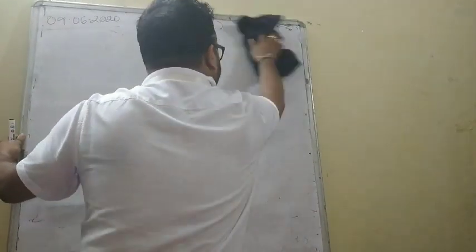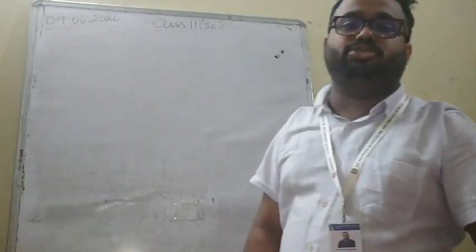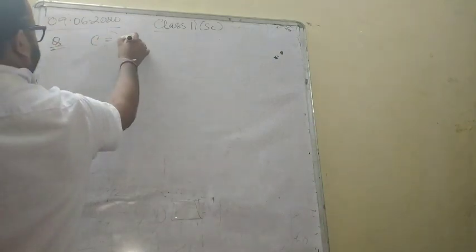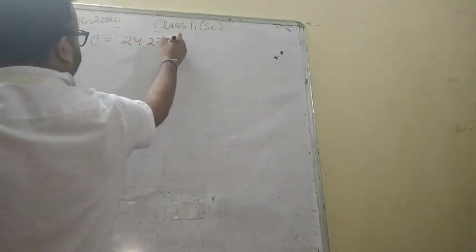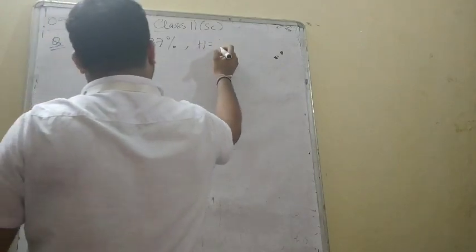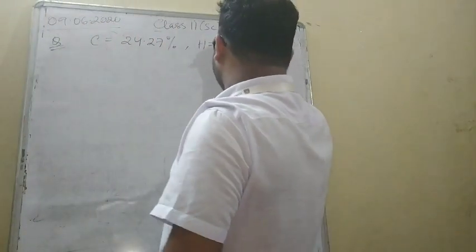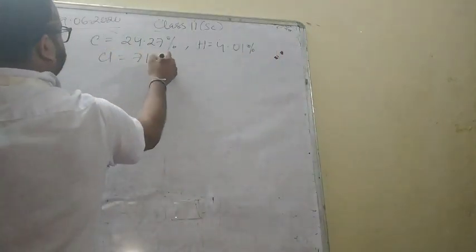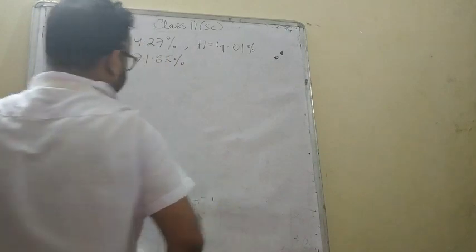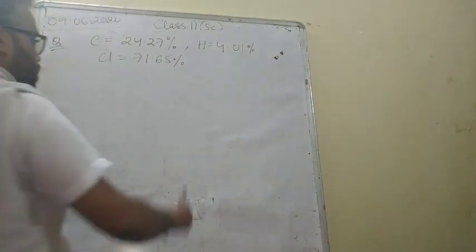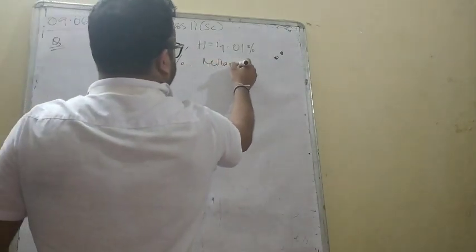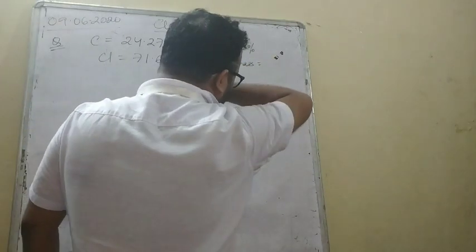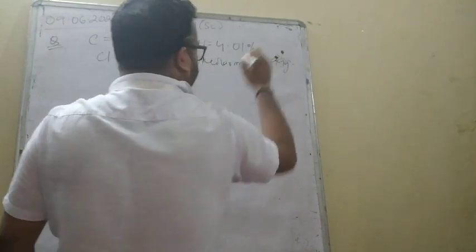For empirical formula, students, remember, percentage should be given. So let us see a question. Suppose carbon is given to be 24.27%, hydrogen is given to be 4.01%, and chlorine is given to be 71.65%, and molar mass is given to be approximately 99 gram.